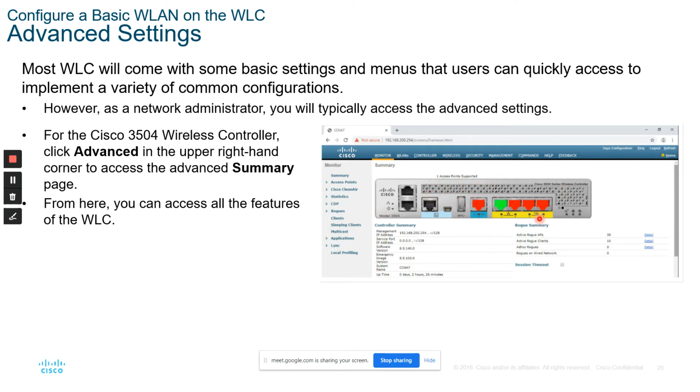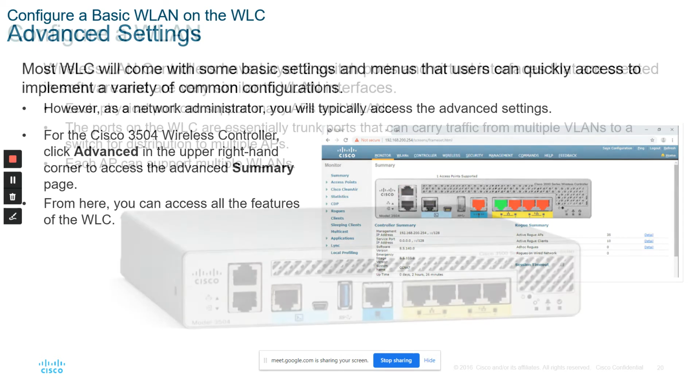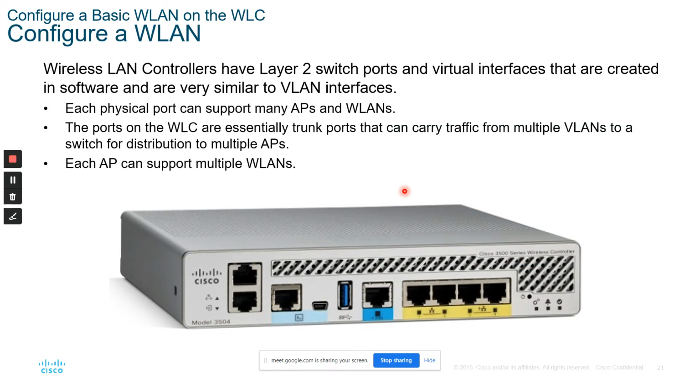Over here, you can see you have a number of WLAN ports that you can use, and you can also have some Ethernet switch ports over here as well. This is something we discussed. We will be using these ports to configure the interface for our VLAN.